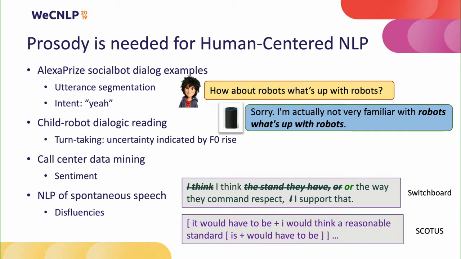This was a real example. Now, in the Alexa Prize dialogues, you need to talk about things. And when you're negotiating for a topic, sometimes a user will say, "how about X?" So in this case, the person said, "how about robots? What's up with robots?" So that's two sentences.